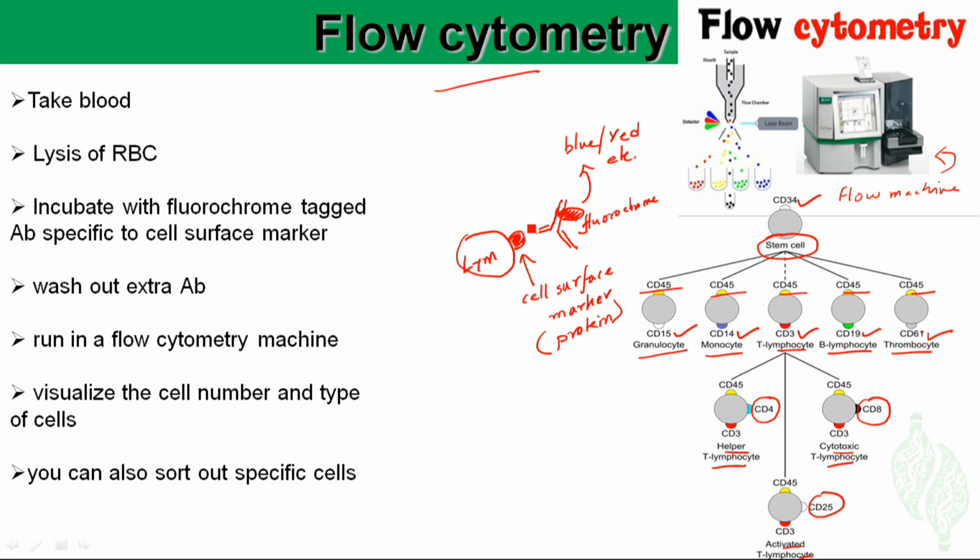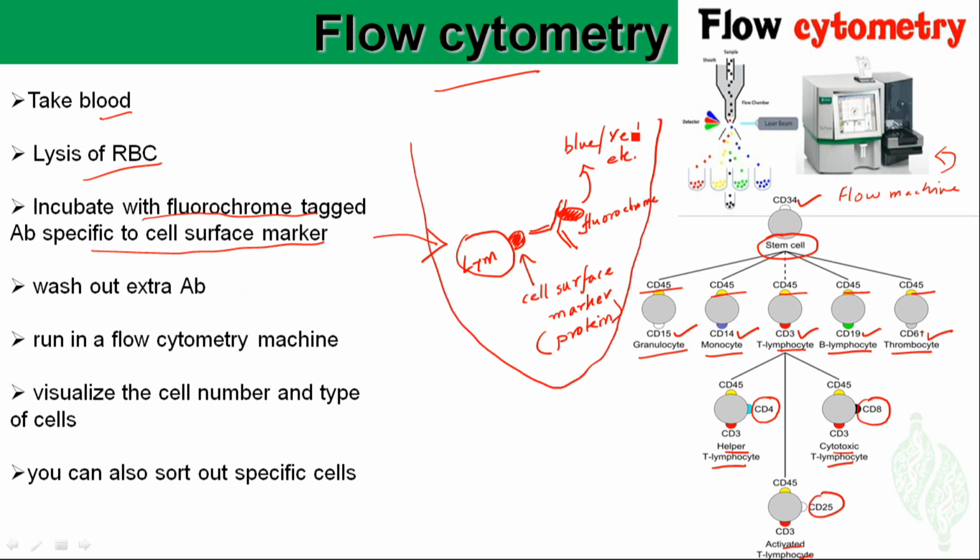surface protein. So when you take the blood from the vein and lyse the red blood cells and incubate those fluorochrome-tagged antibodies with the leukocytes, and definitely you need to wash out the extra fluorochrome-tagged antibody in the solution, and then you run the sample in the flow cytometry machine.